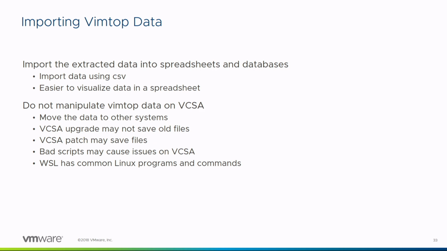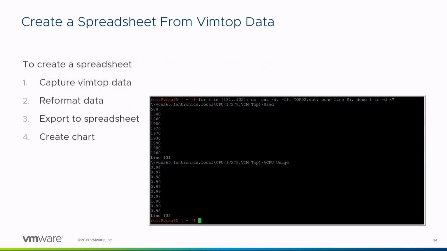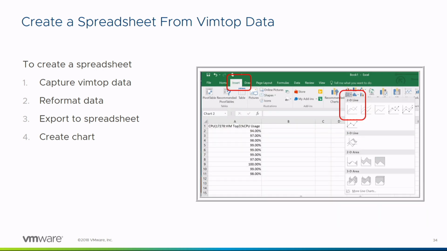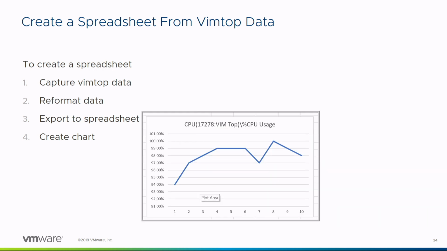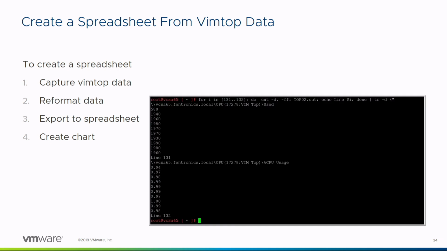So let's go ahead and import this data in. You'll use SCP, whatever, to bring it in. And in this case, I'm going to show you how to create a quick Excel spreadsheet. Went the wrong way there.